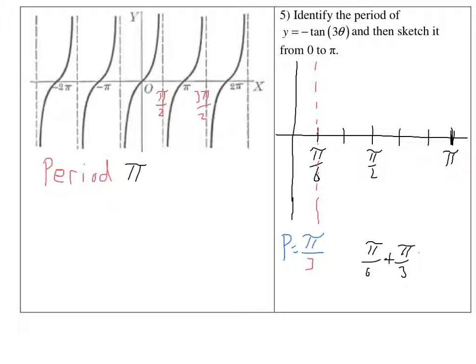So could I multiply top and bottom by 2, and I now have pi over 6 plus 2 pi over 6. What does that give me? 3 pi over 6, which is also pi over 2. Man, it's terrible drawing. So what happened is, if I'm at pi over 6 and I add pi over 3, I am now at pi over 2. So there's my next asymptote.